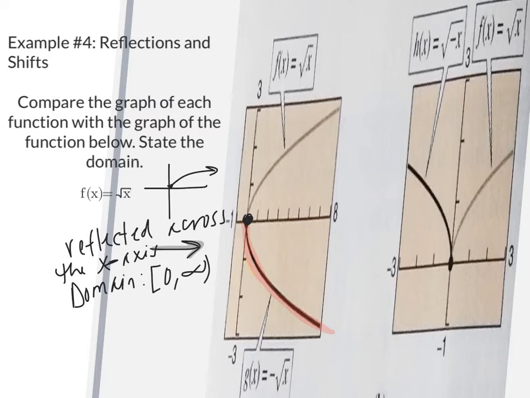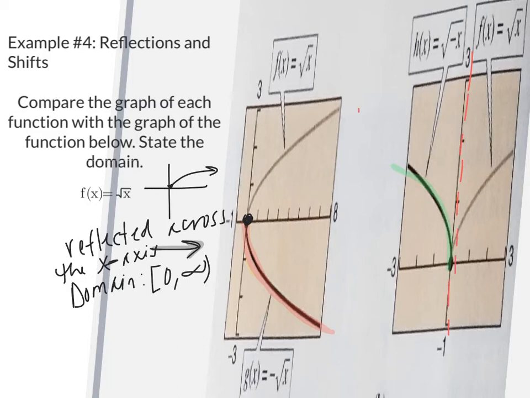Let's look at the next graph, the graph on the right. Okay, what has happened here is that instead of it being reflected in the x-axis, it is now reflected in the y-axis. And we can see that because if I were to fold my graph right along my y-axis, I would get a symmetric graph, okay?